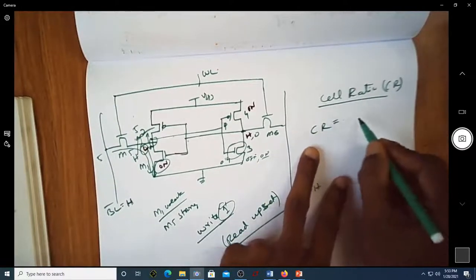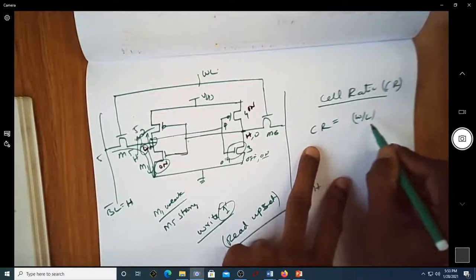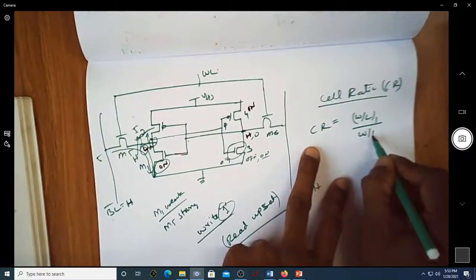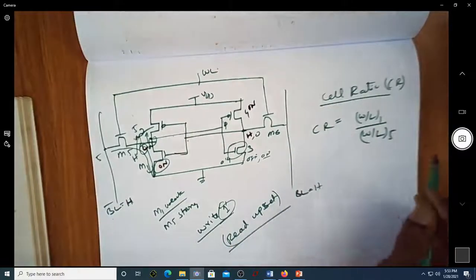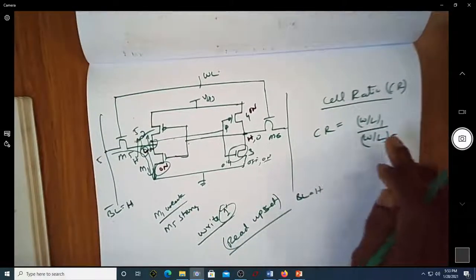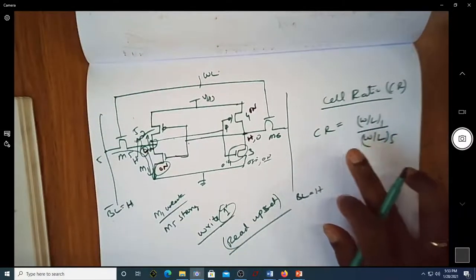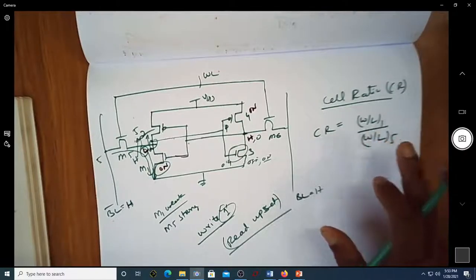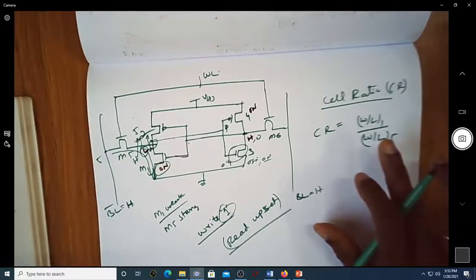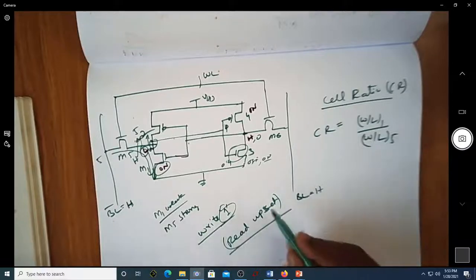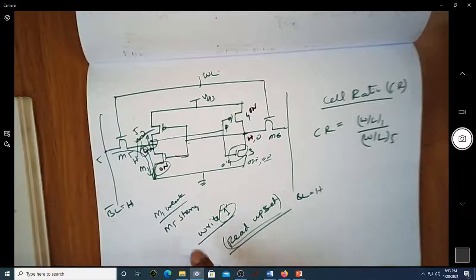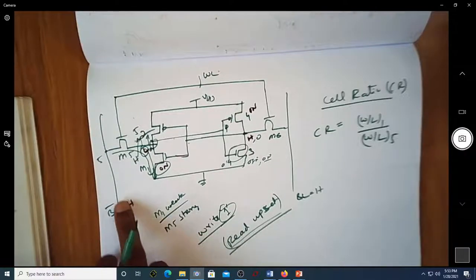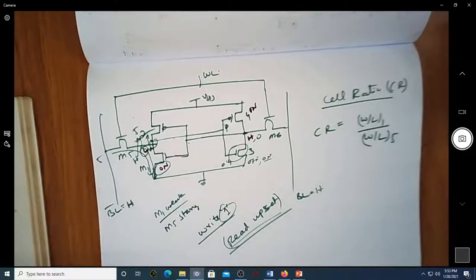Cell ratio is nothing but the ratio of W by L of M1 to W by L of M5. We should try to understand what this cell ratio should be so that we can have a proper read operation, so that I never end up with this read upset, or I do not write a 1 during the read operation. We'll see this in the next video.